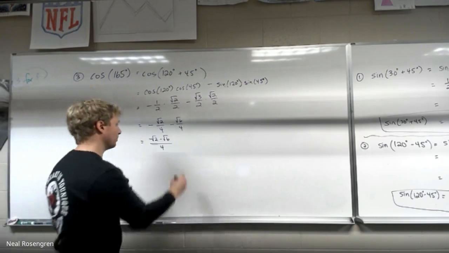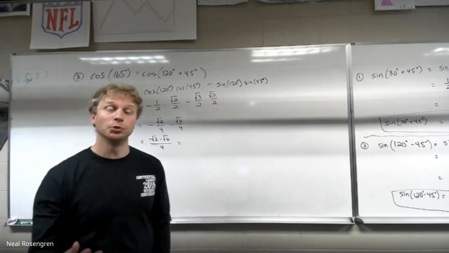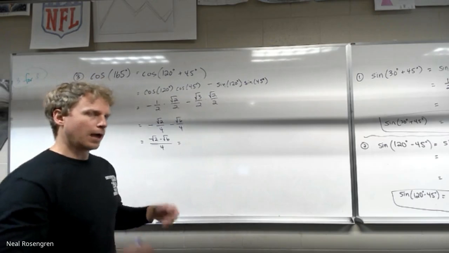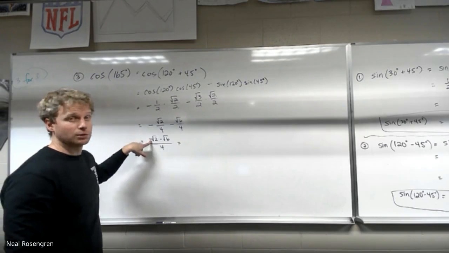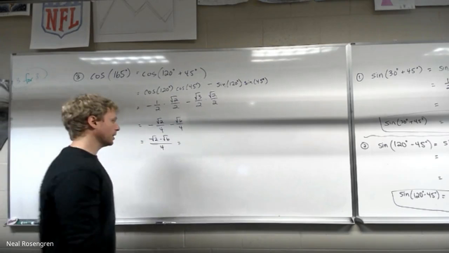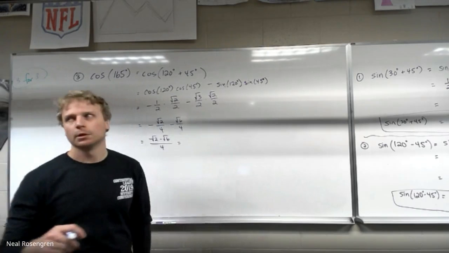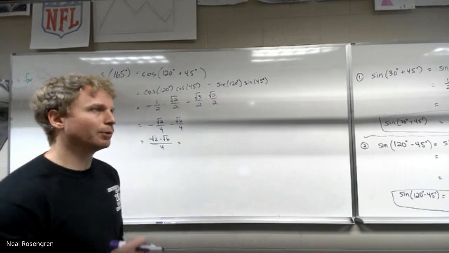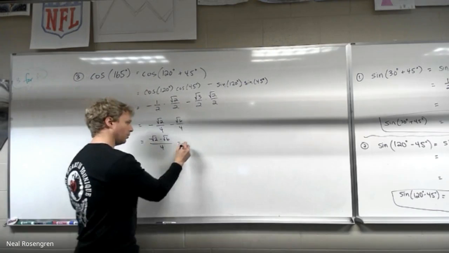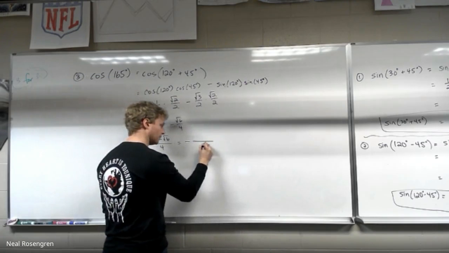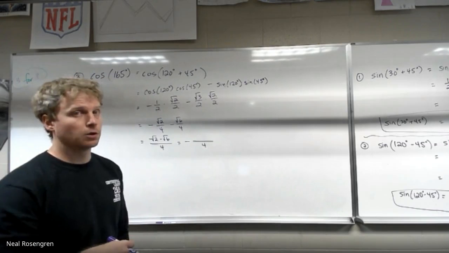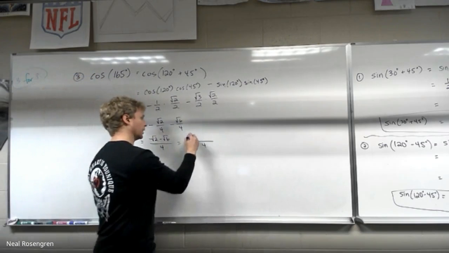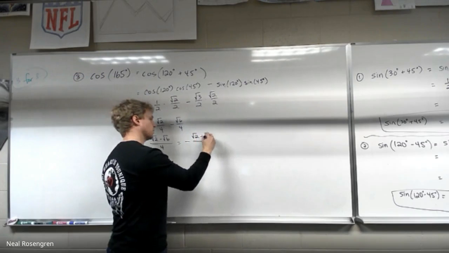But what you might notice is that because you do have a negative everywhere up top, especially as your leading coefficient, you've got a negative sitting out front. A lot of times what some people like to do is pull that negative out in front by factoring it out completely from the top, and calling it the square root of 2 plus the square root of 6.